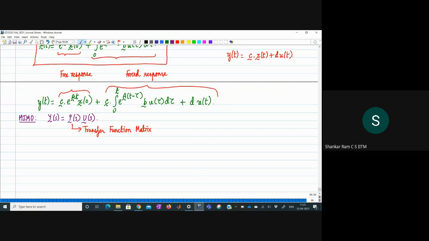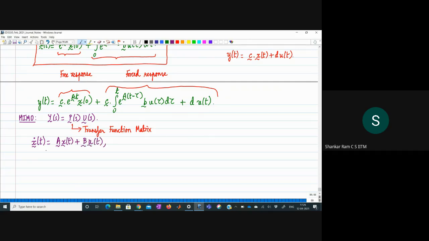Now the question is how do we correlate the transfer function matrix with the state space representation for the linear system. If we recall, we wrote down the state space representation for a multi-input, multi-output system. The state equation could be written as x dot t equals A x t plus B u t.